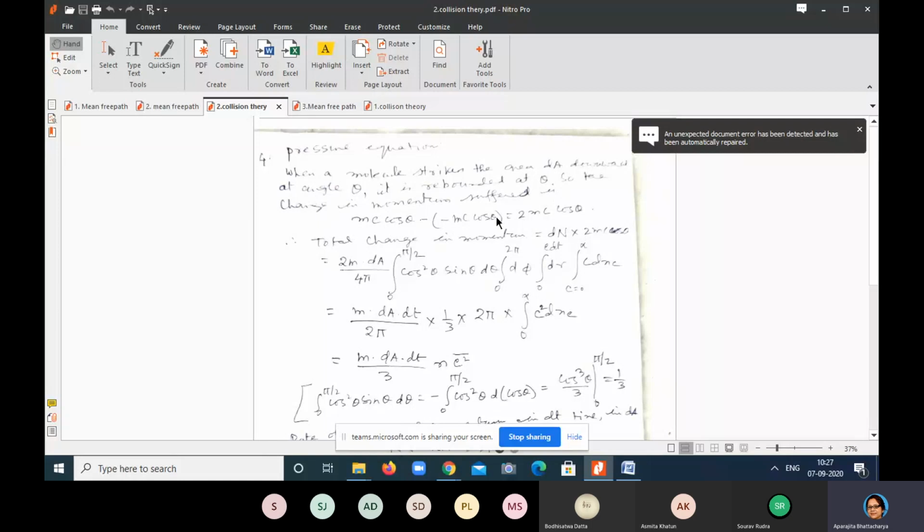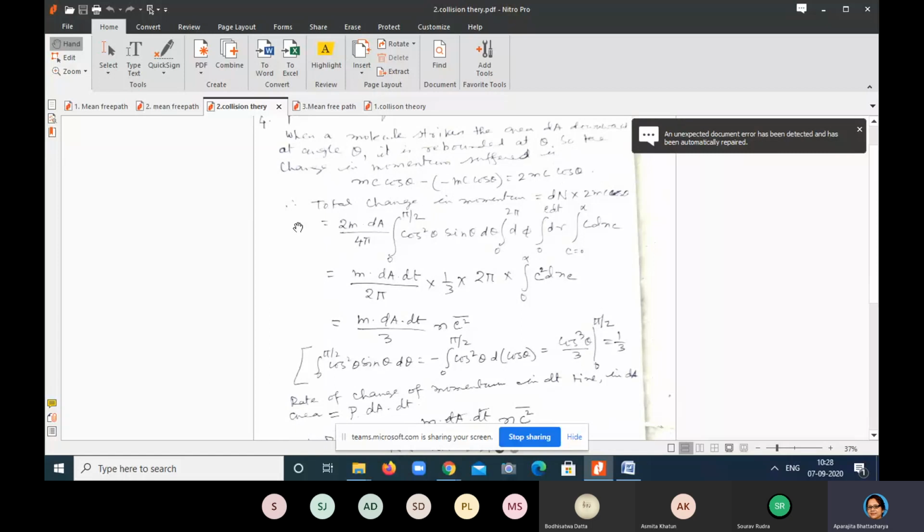The change of momentum suffered by the molecule per unit area as the molecule rebounds from the wall is the same thing here. For the total change, we have to just integrate it.